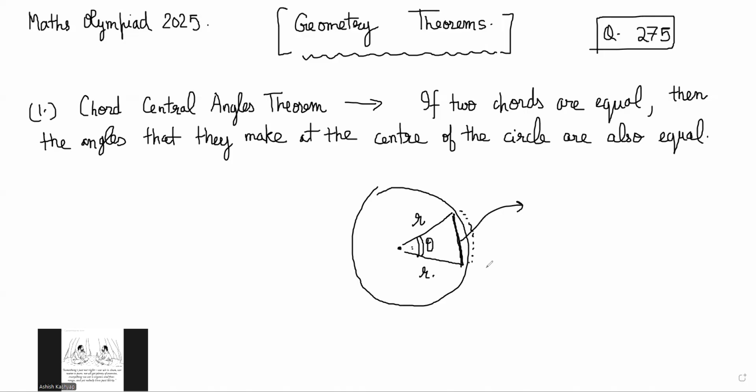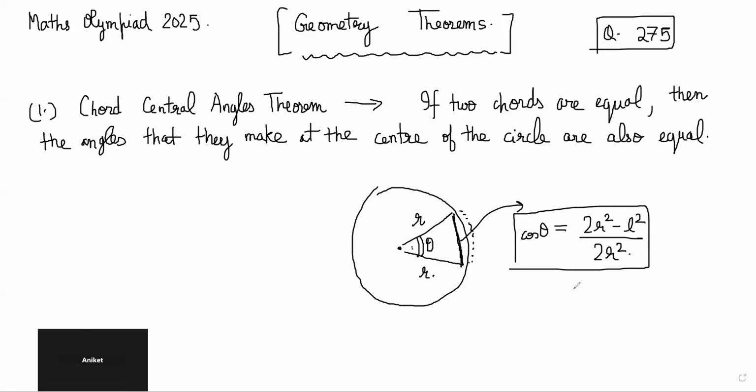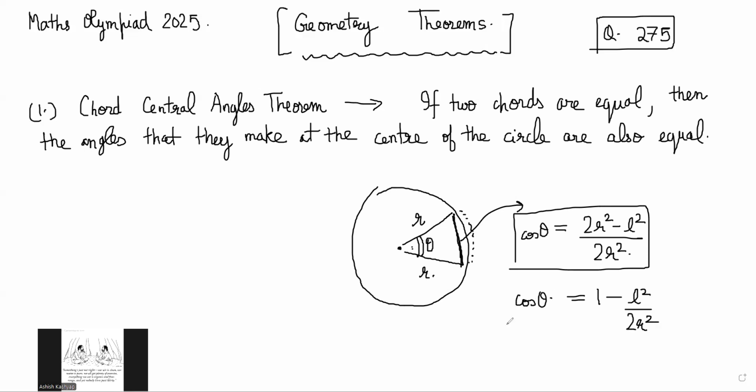If the length of the chord is L, you can apply the cosine rule and say cos theta is equal to (r square plus r square minus L square) by 2r square. So 1 minus L square by 2r square is equal to cos theta. So L square is equal to 2r square into (1 minus cos theta), right?